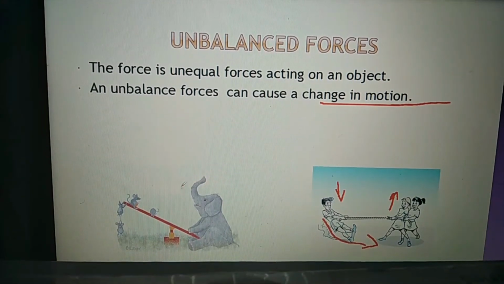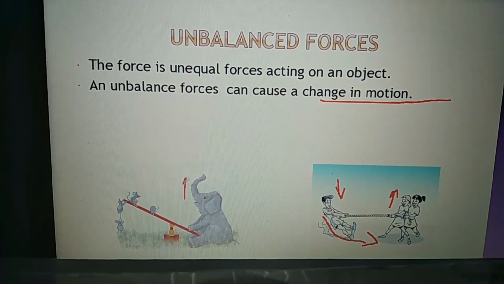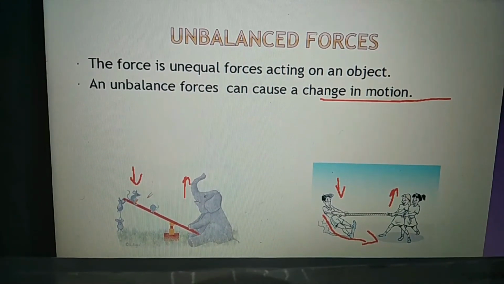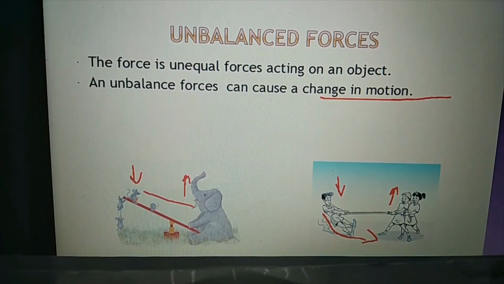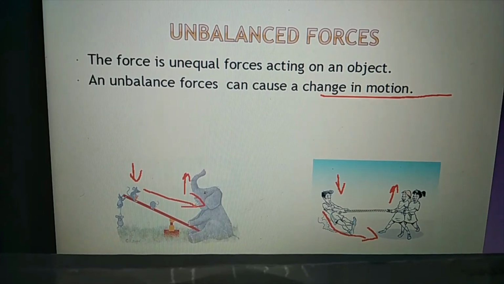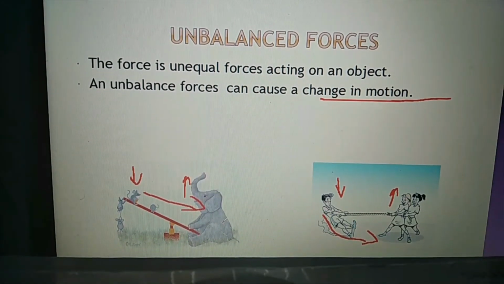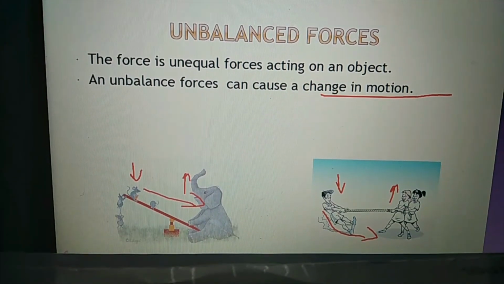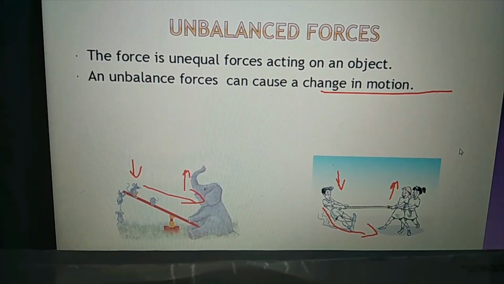The same with this one, more on this side and less on this one, so you can see it moving towards this one. I hope you understand balanced and unbalanced forces. So let's go to the next lesson.